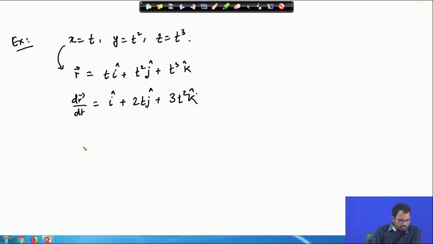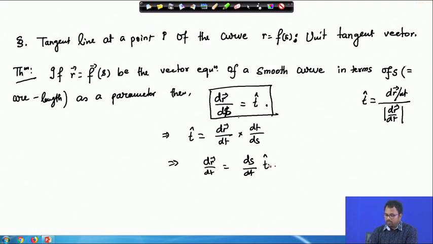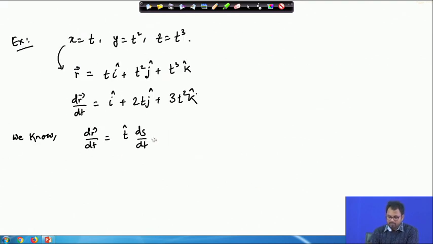All right, and we know from the previous formula that dr/dt is basically T cap times ds/dt. So I have written that here.